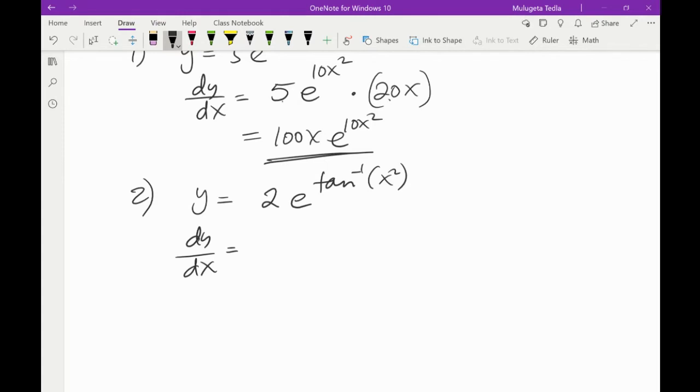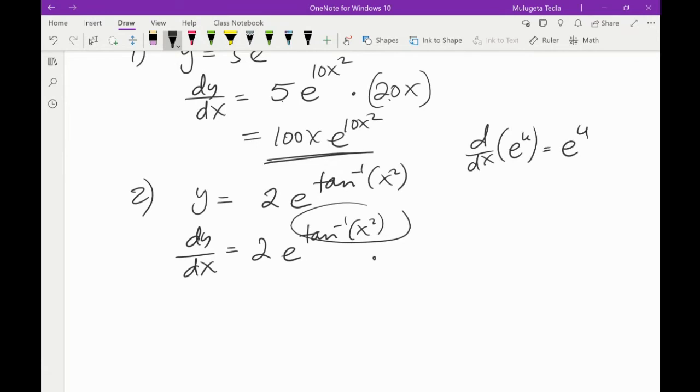That's the start of e to the something. If you have e to the something, the derivative will repeat the whole thing. First step, I copy it, and then times the derivative of the exponent. The derivative of e to the u is e to the u times the derivative of the exponent.